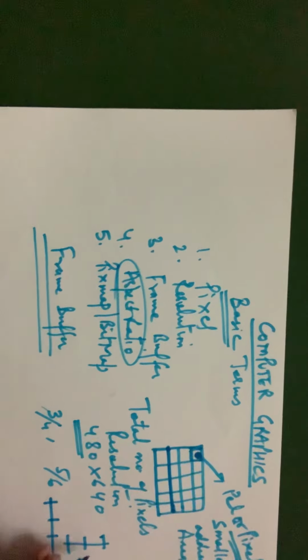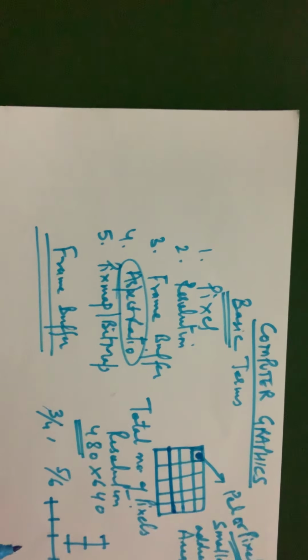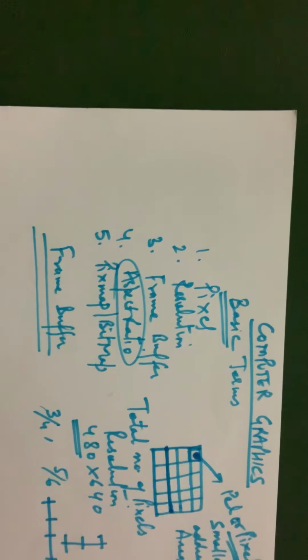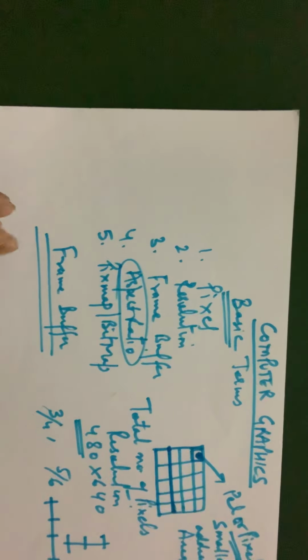So this is the ratio of how I divide the vertical and horizontal lines, where the line length is the same. So I simply define aspect ratio as the ratio between the vertical and the horizontal line of the same line length.